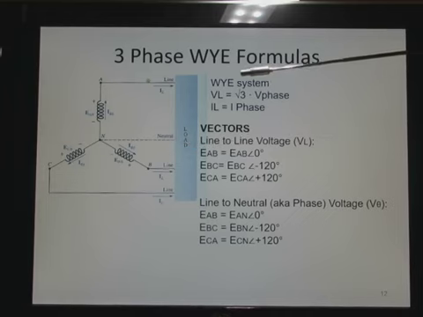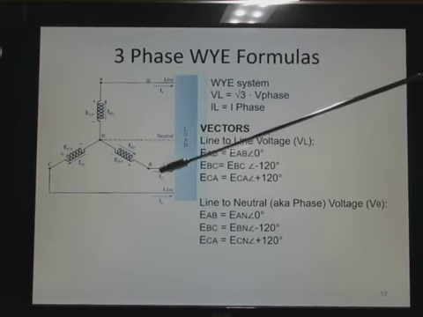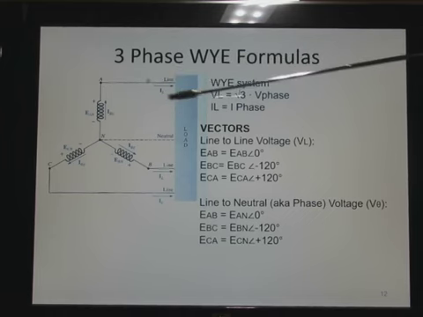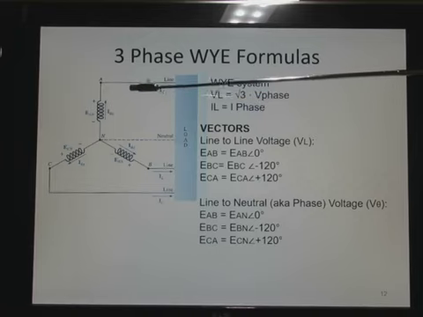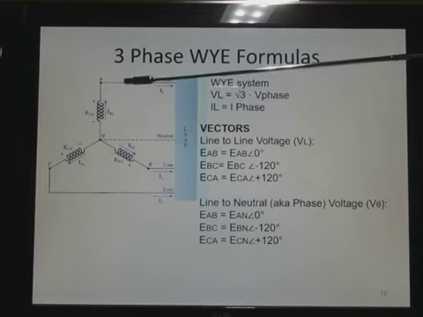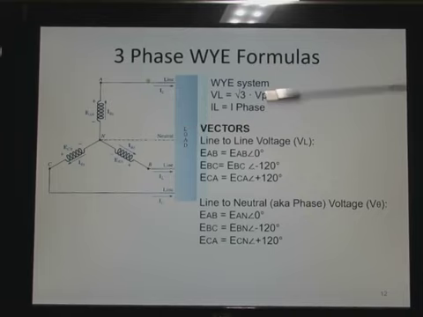And in a Y system, the line to line, notice that it has two coils, and that should be greater. So the line voltage is square root of 3 times the phase voltage. The phase voltage is considered the line to neutral.